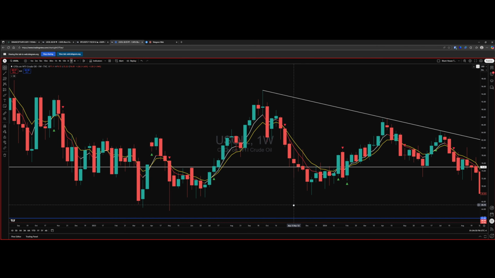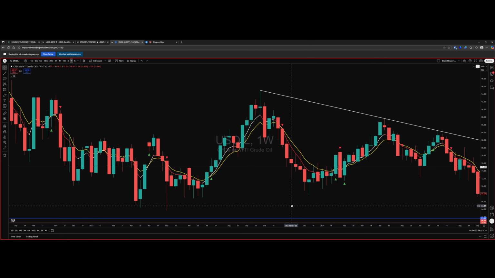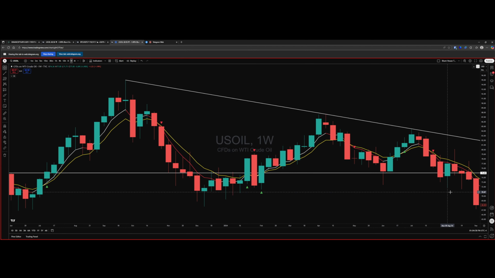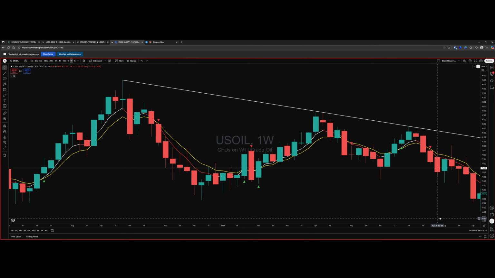Not just wicking, but losing support of that $75 level. And look at the divergence between the T-line and the 5 EMA. And it's completely red. That's showing you in so many different ways that this has momentum down.